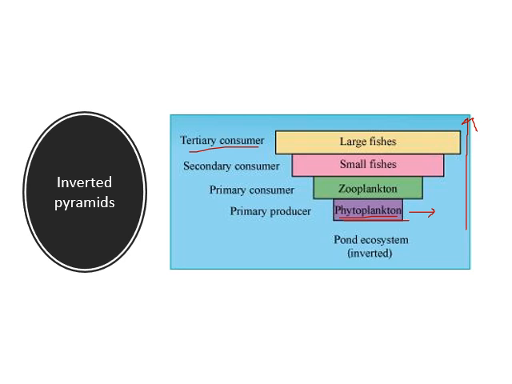So if we consider phytoplanktons, their biomass is the least, and then gradually biomass is increasing. That is why this type of pyramid is an inverted pyramid. So the pyramid of biomass of a pond ecosystem is inverted.